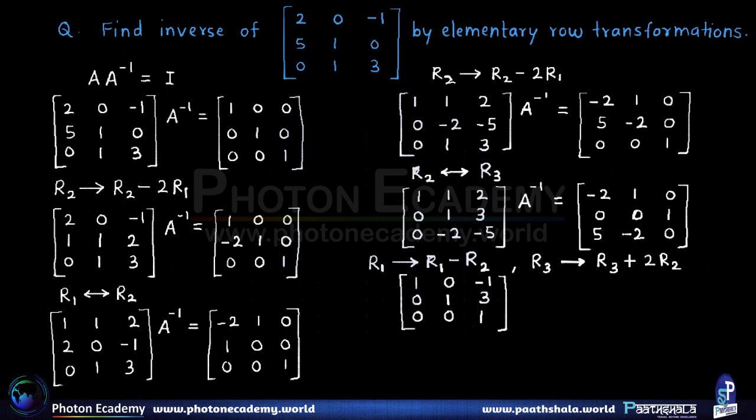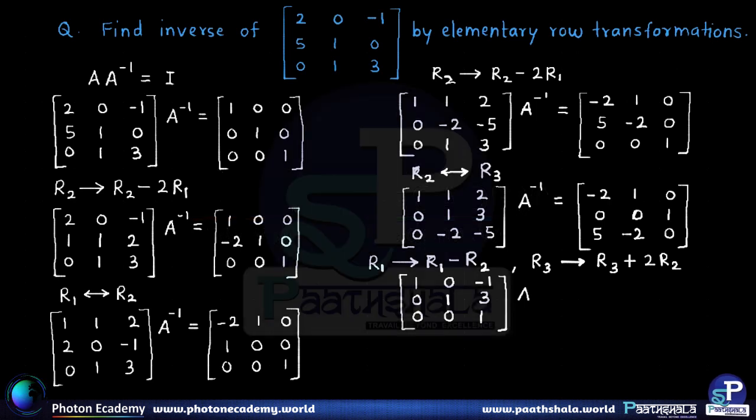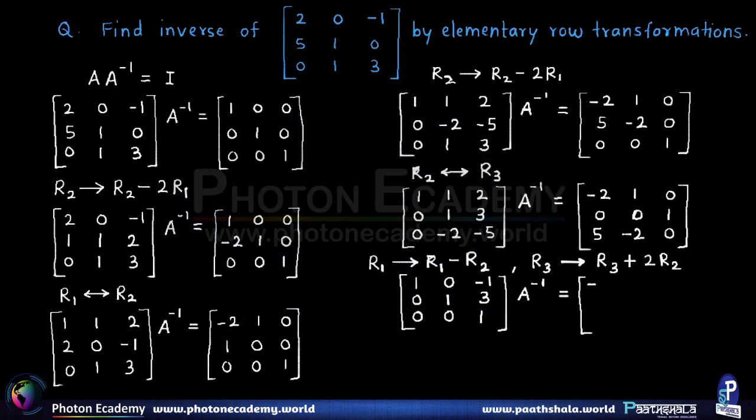And multiplied with A inverse gives us on the right hand side. Now on the right hand side, the first row will change to, we have to do the subtraction, that is minus 2 minus 0 is nothing but minus 2 only. Then 1 minus 0 is nothing but 1, and 0 minus 1 is nothing but minus 1.